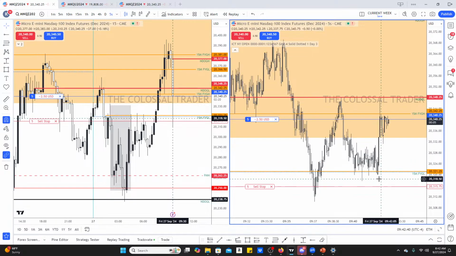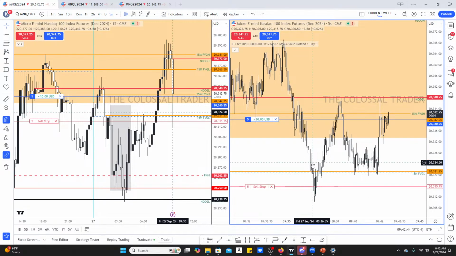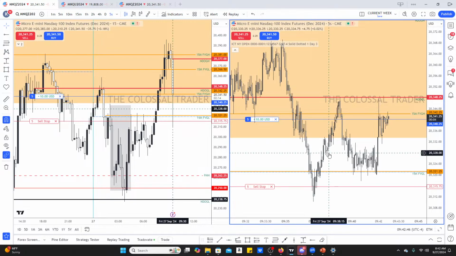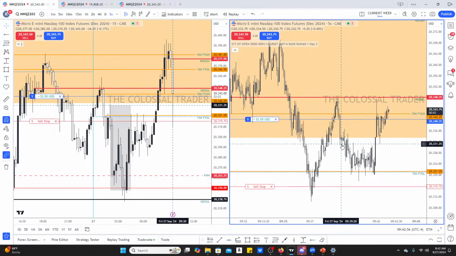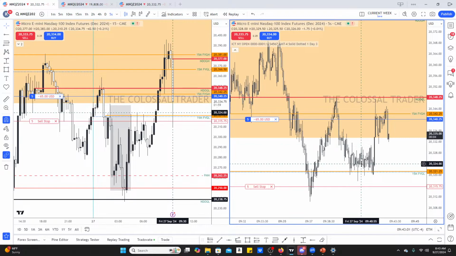Price pierced through it, but there's also one right here. So I was looking at this, how we started to turn around here. And again, I want to be long today. So I started to see the structure, we went higher, breaking this structure, and then we retraced. So that's why I got in for these buys.